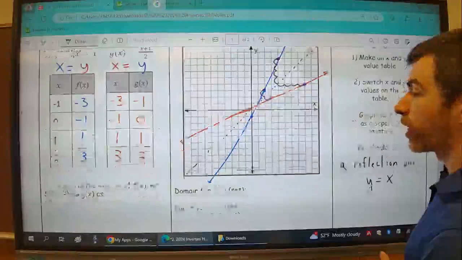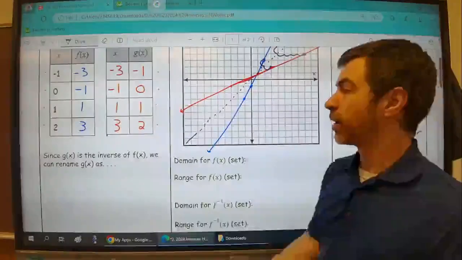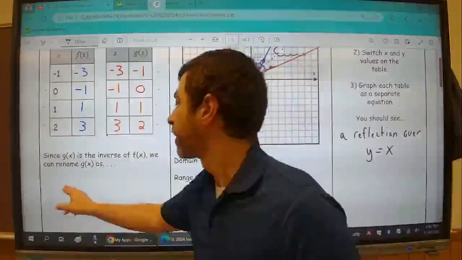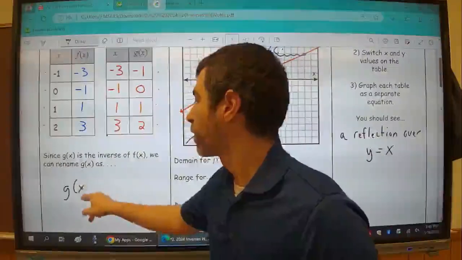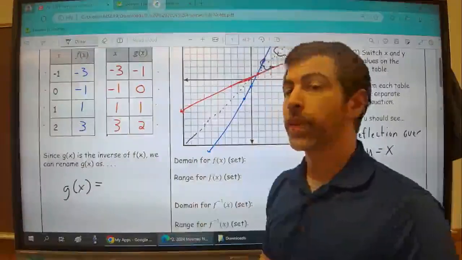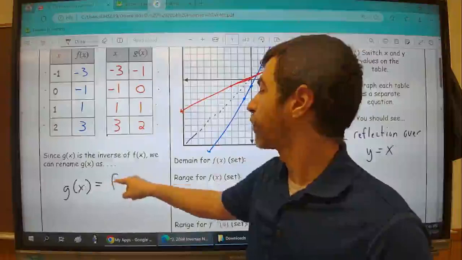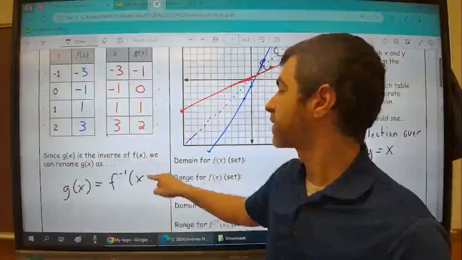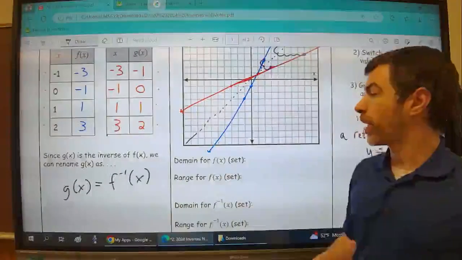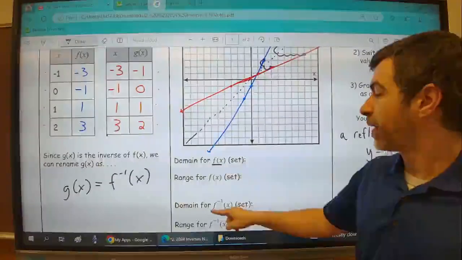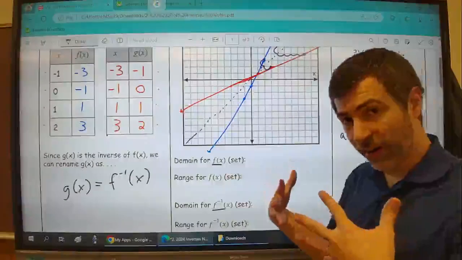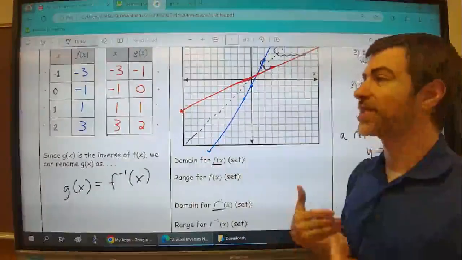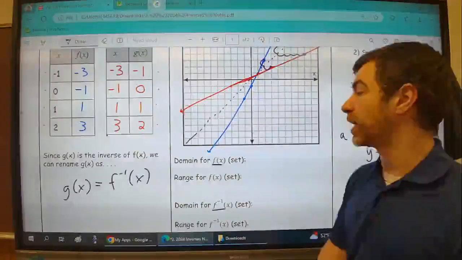So we have f(x), and that g(x) line we're going to rename and call f inverse of x. That way, the f line and the f inverse line are connected. These two belong together because they undo each other.